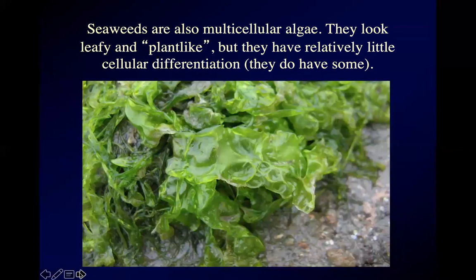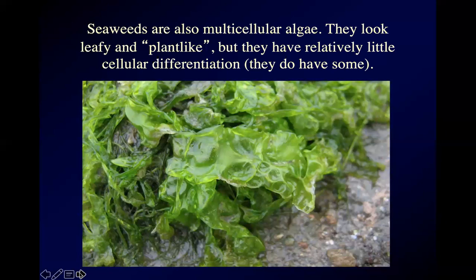And even seaweeds are considered protists. They look like land plants. You know, they look outwardly like grasses or shrubs or what have you. They do have some cellular differentiation, but they don't have nearly as much as a full-blown plant would. So yeah, seaweeds, kelps, nori, you know, that's the dark green stuff that you get wrapped around your sushi.